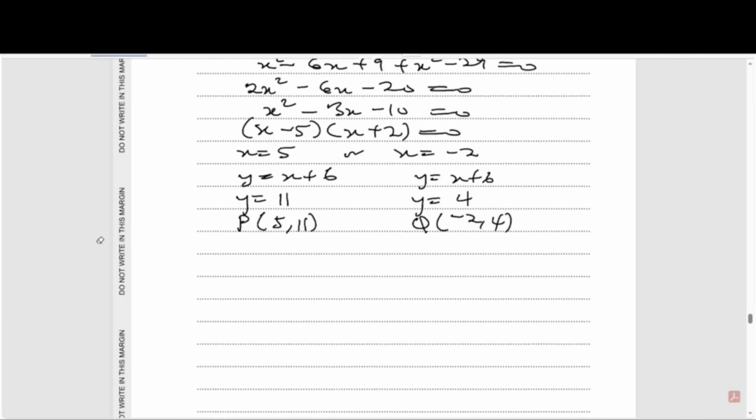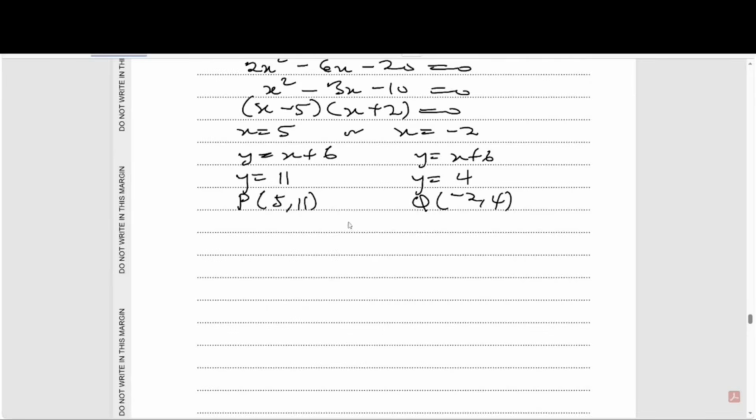But that's not the final thing because we are asked to find the distance PQ, or the distance between P and Q. So the distance PQ is the square root of the difference between the x components squared. That's going to be 5 minus negative 2, which is 5 plus 2, all squared. And then 11 minus 4 all squared.